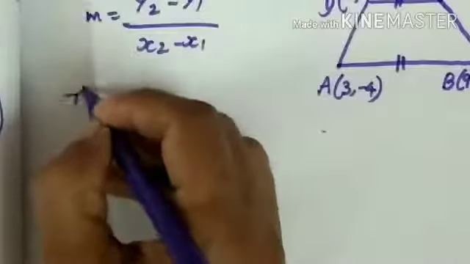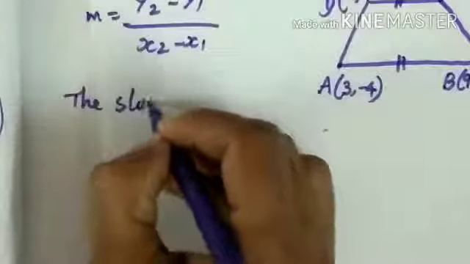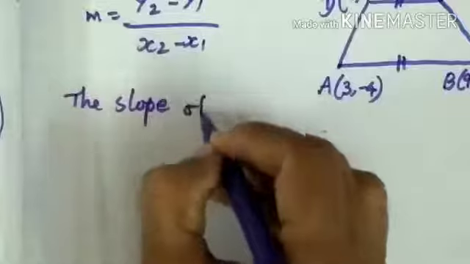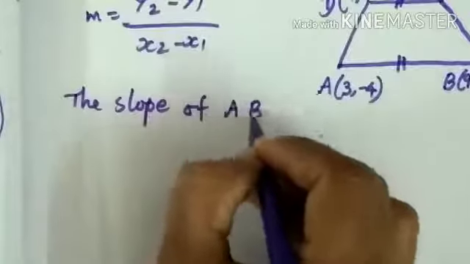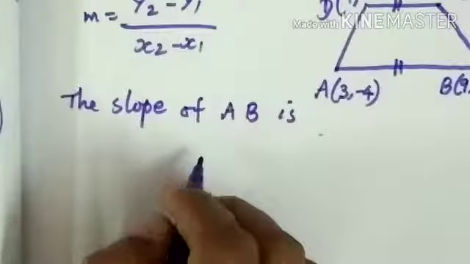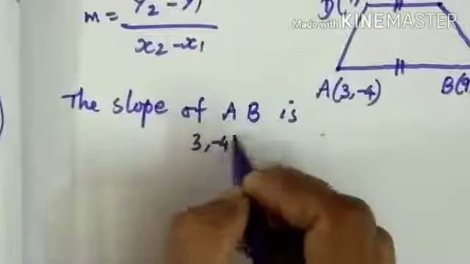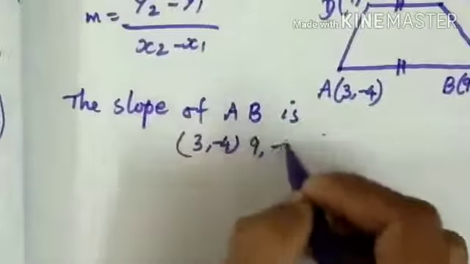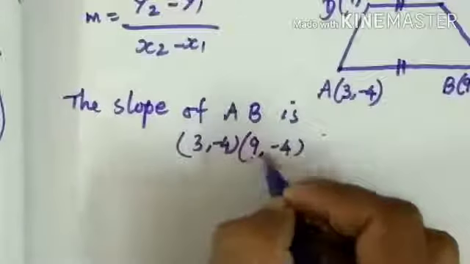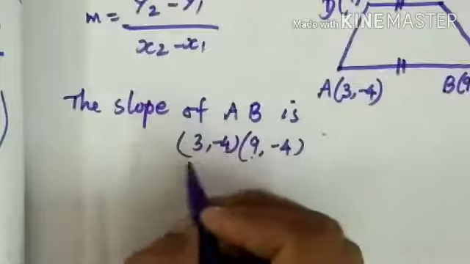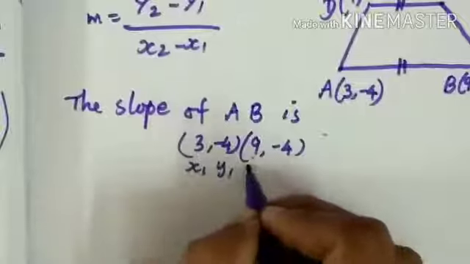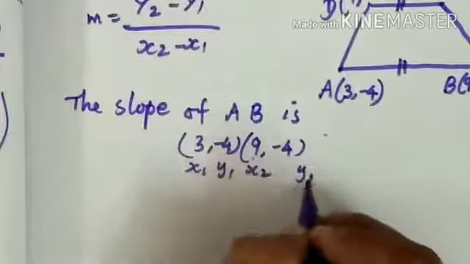Now you have to find the slope of AB. Take down and write the A point and B point. A point 3, minus 4, B point 9, minus 4. Let us assume x1, y1, x2, y2.